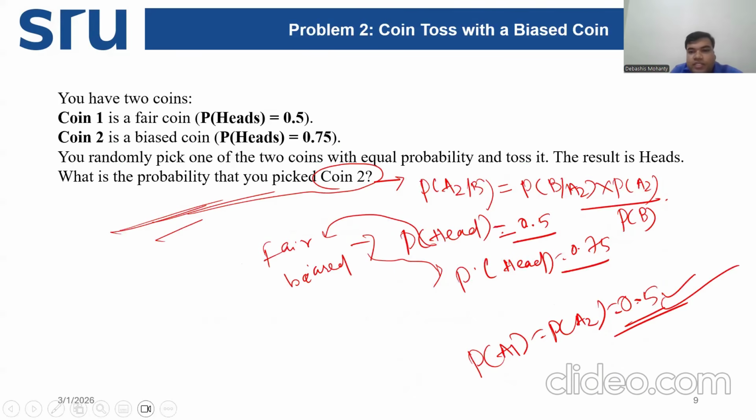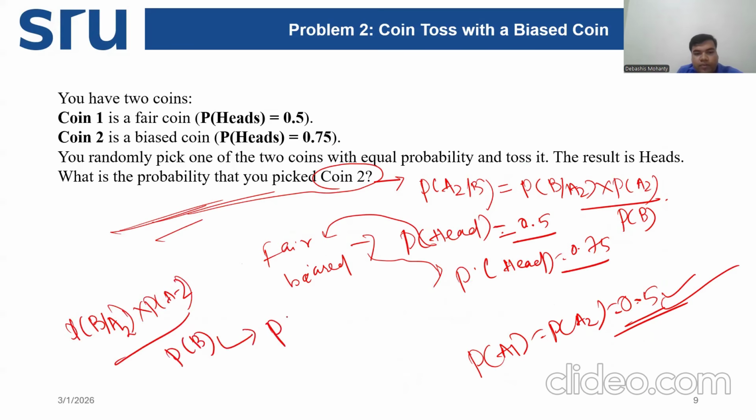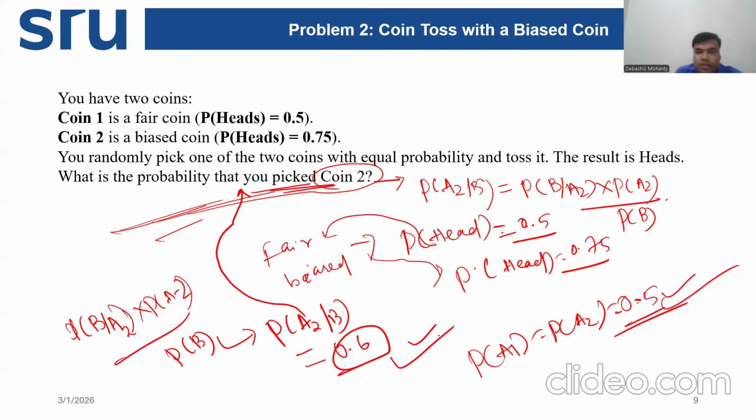Okay, students. So 0.6 is the answer. It is the probability that we picked coin 2, that is the probability of A2 given B. Understood?